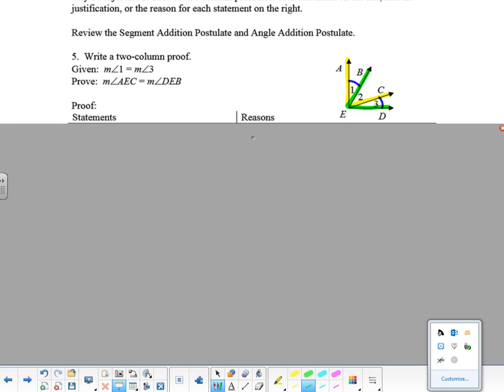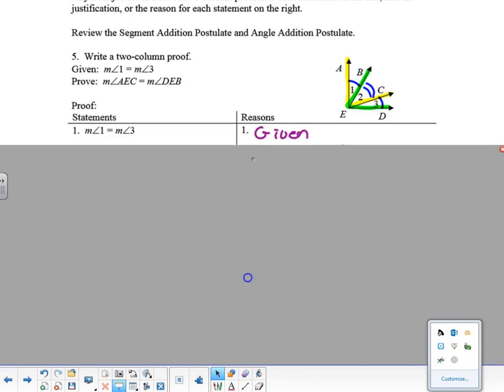Okay, now you'll notice that what's different about those two things is this angle in between, angle 2. And so if we add angle 2 to both of those, we're going to end up with the thing that we're trying to prove.